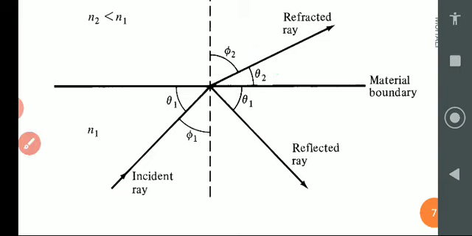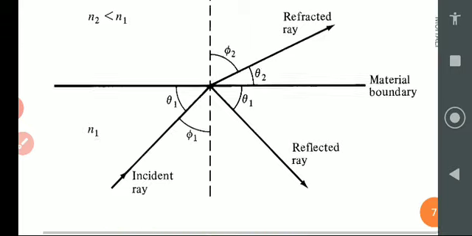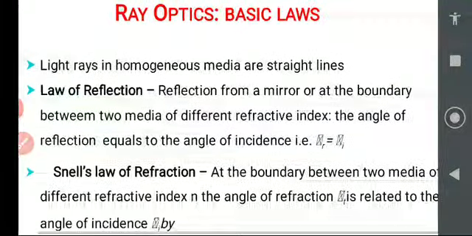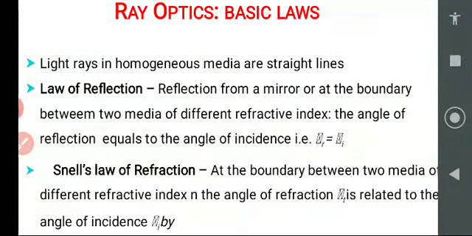But this only happens at the core-clad material boundary. Light always travels in a straight line, we know that.